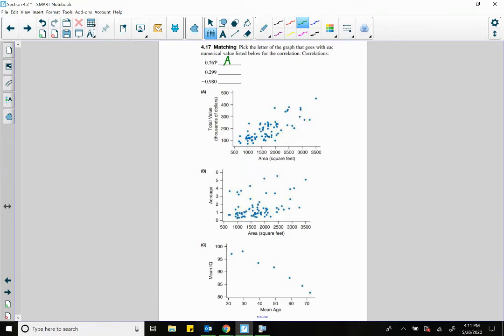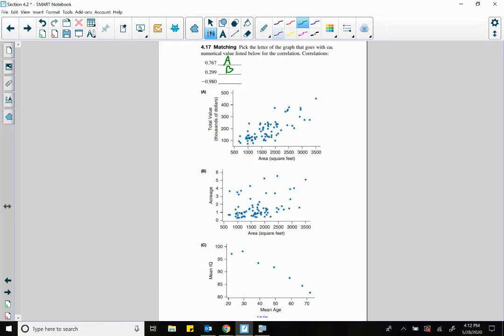There shouldn't be a lot of vertical scatter. And A is the one that looks like that. In B, my dots are a little bit more scattered, almost as if there's no trend. But there is a little bit of a trend, as we move from left to right, it is going up, which means that B must be the 0.299.